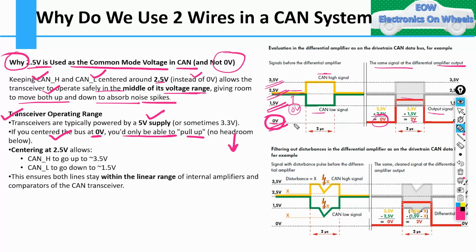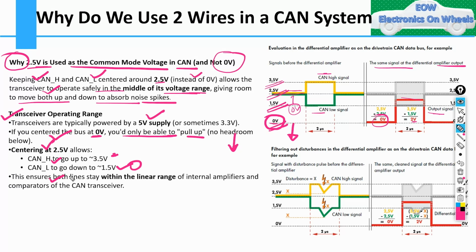You can only see the upper range but no lower range, because our voltage supply lies within the range of 5 volt. Centering at 2.5 volt allows CAN high to go up to 3.5. So suppose any noise is generated up to 3.5, it can be accommodated. CAN low can go down to 1.5 volt.